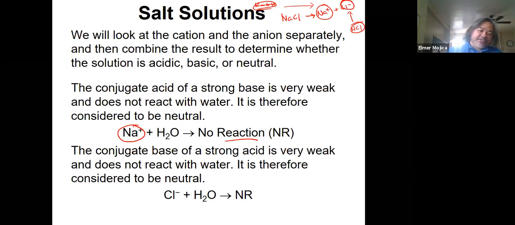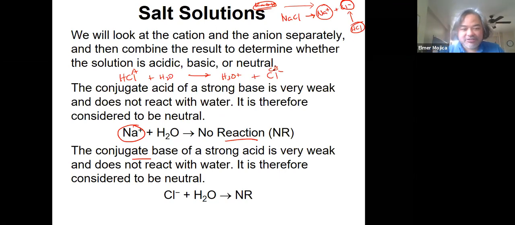The same thing if you react the conjugate base of a strong acid. So you have HCl on this side, and when you have it with water, you form H3O plus and Cl minus. So this is your acid and this is your conjugate base. And the conjugate base of a strong acid is very weak, and when you put it with water, there's no reaction. So what happened? Both of them came from a strong acid and strong base. They will not hydrolyze, so you're going to have a salt that is neutral.